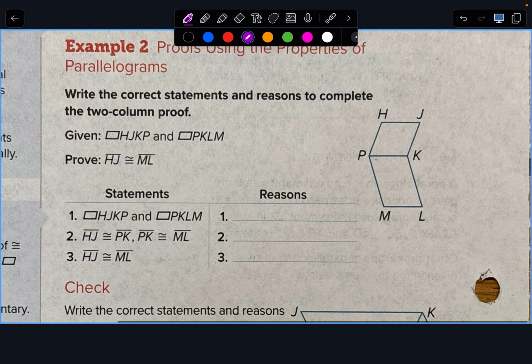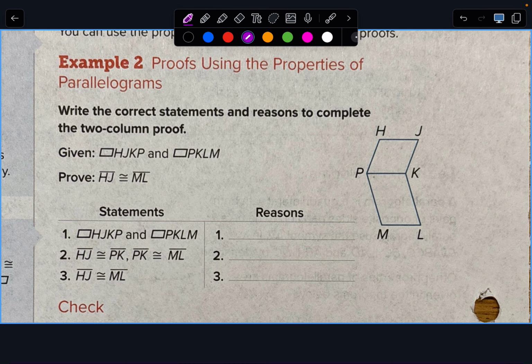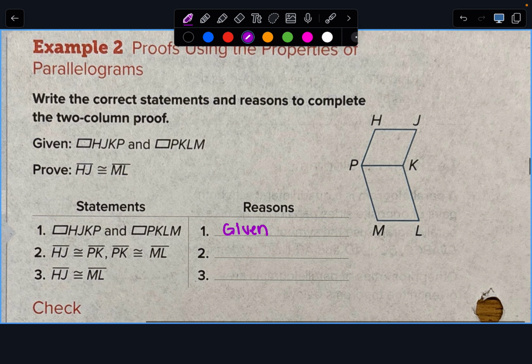Okay, now, you are right. I am not going to make you do proofs. But let's just reason through this proof right here, just for some solidification of what our properties are. It is given that these two are parallelograms. So it's saying HJ and PK are congruent. How do we know that?